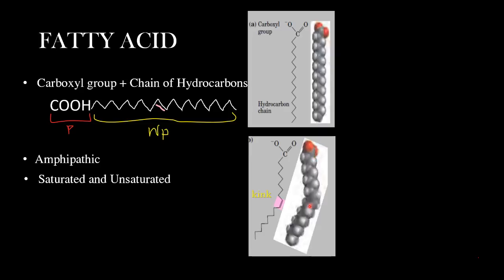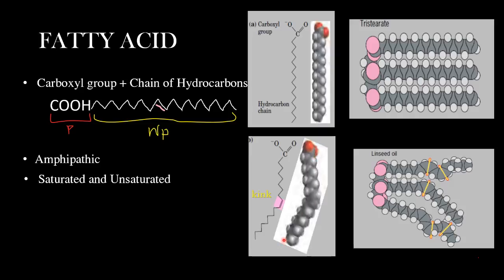Or we can say the double bond bends the fatty acid. And due to this bend, we can see in this picture that the unsaturated fatty acid can't pack tightly like the saturated fatty acid. Since there is no double bond and no bend here, the saturated fatty acid can pack tightly, but the unsaturated fatty acids can't pack tightly because of the bends.